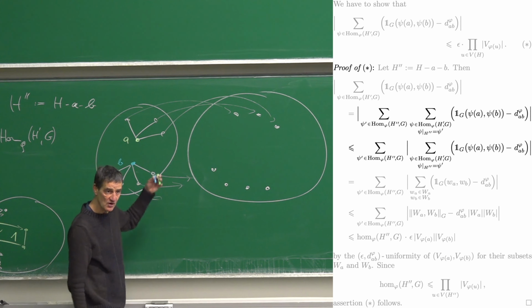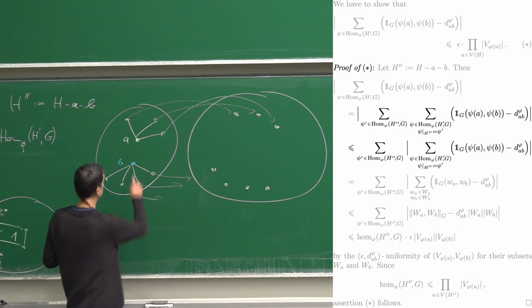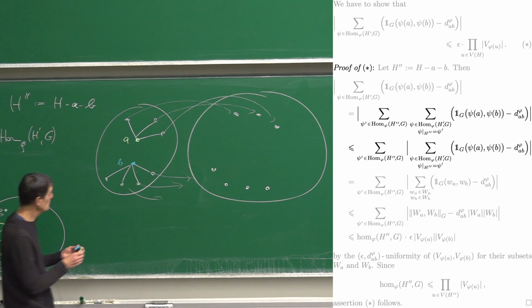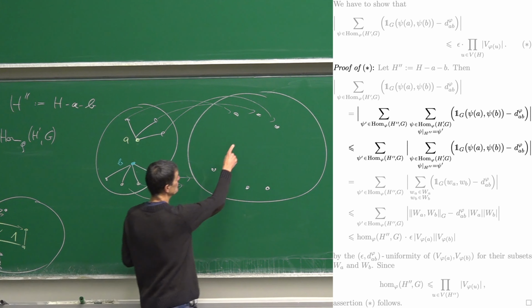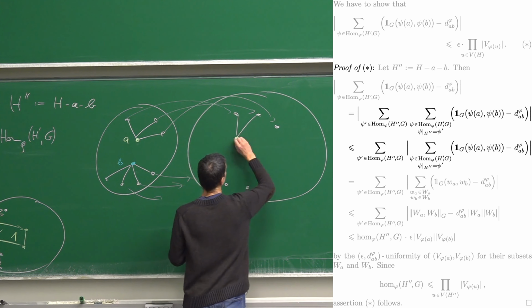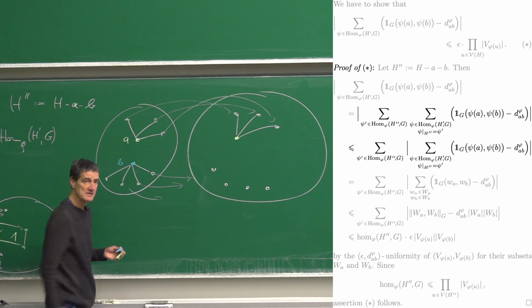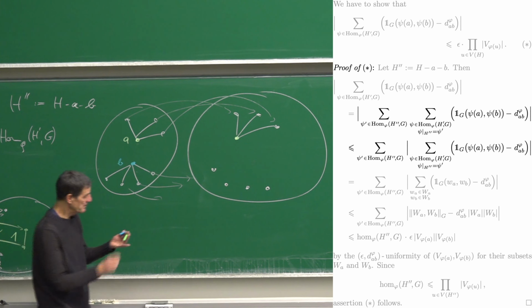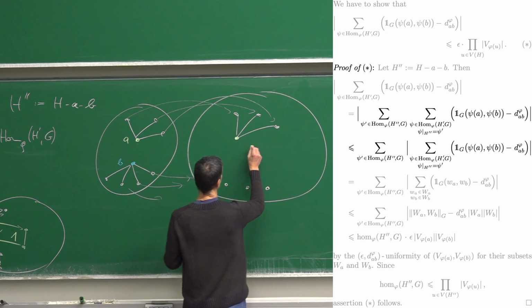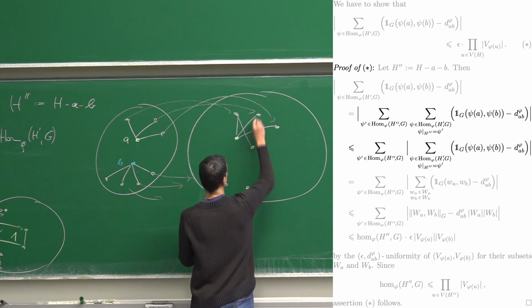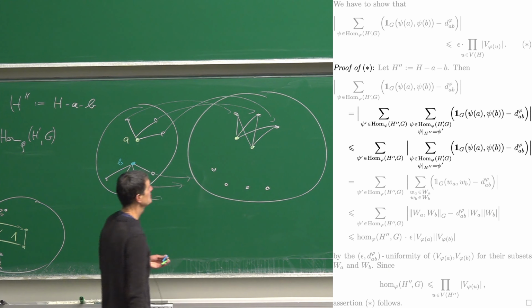Does that extend to a homomorphism psi of H prime? Well, it has to map A to something that is adjacent to all the images of its neighbors. Right? Otherwise, it can't be a homomorphism of H prime. But there may be many such things. So we may have a choice.